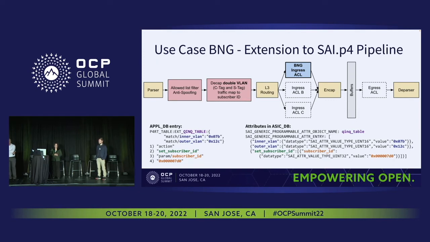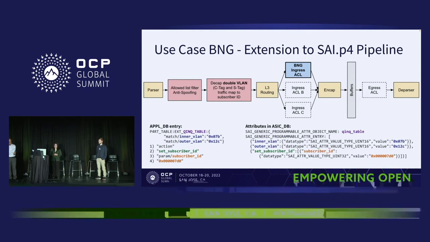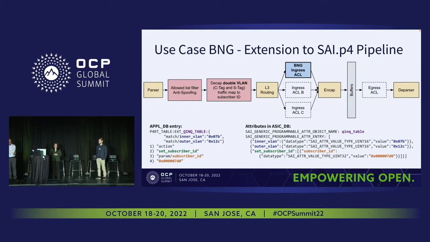So the blue box here is something we can use to implement the PPP or Ethernet tunnel termination, or we can have a small exact match table as well. All this is up to the user, and gives the flexibility to add new tables as needed, like the first red rectangle here shows. We can have an allow list here to make sure that the traffic that comes in is something that this broadband network accepts.